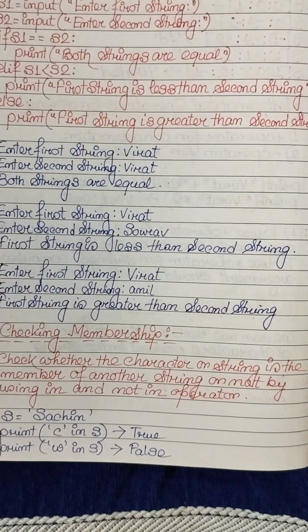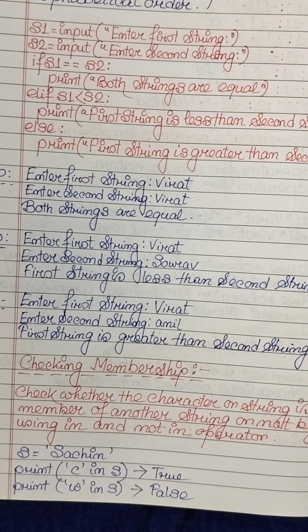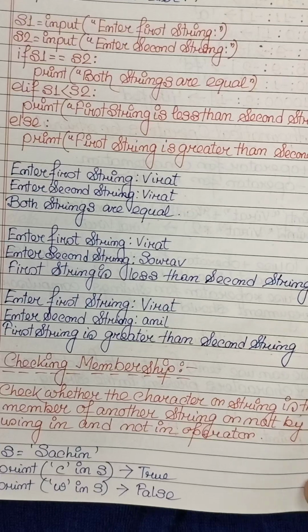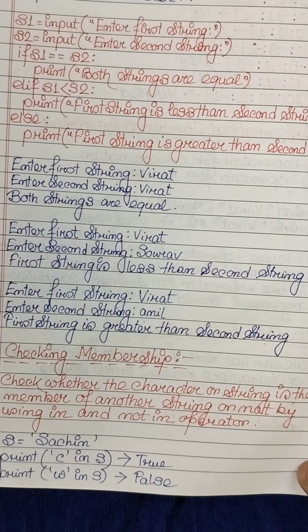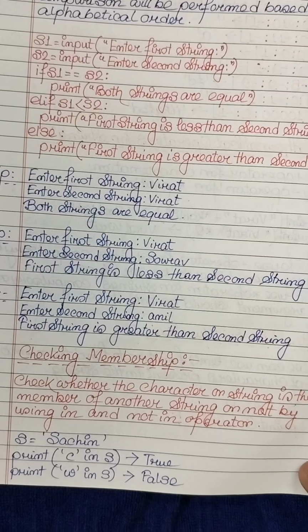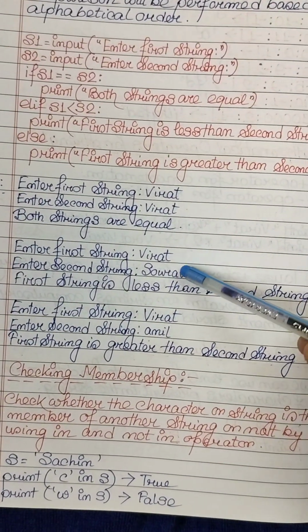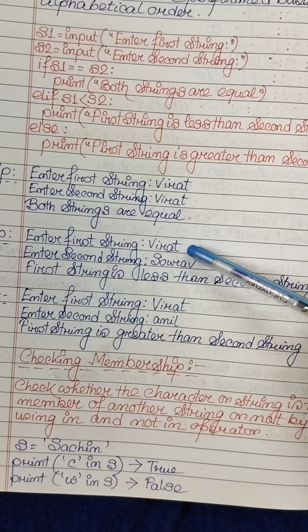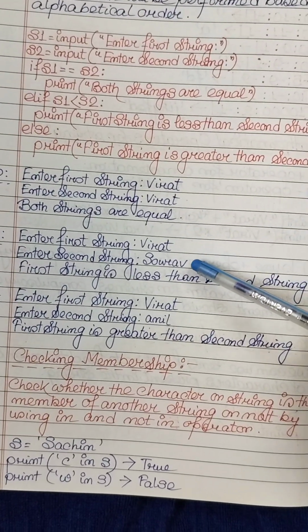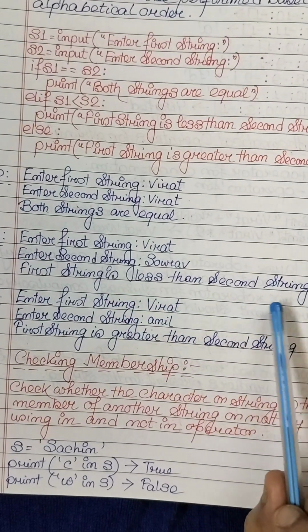Okay, so what will be the output? In the first case, suppose we enter string virat and enter second string also virat, so both strings are equal. In the second case, in the first string we enter virat and in the second string we enter Saurav, then first string is less than the second string.